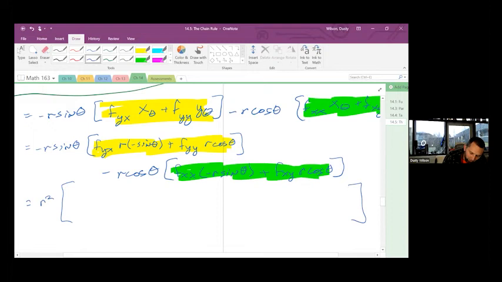And so we have fyx, and minus minus, so it'll be plus sine squared. Minus fyy sine cosine.